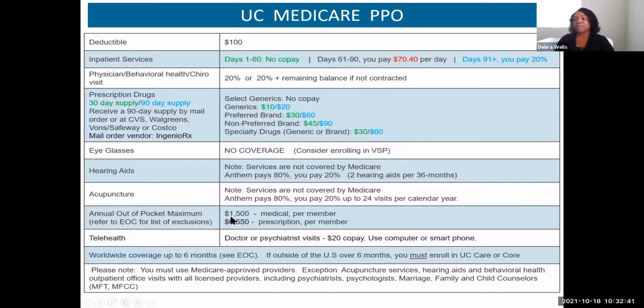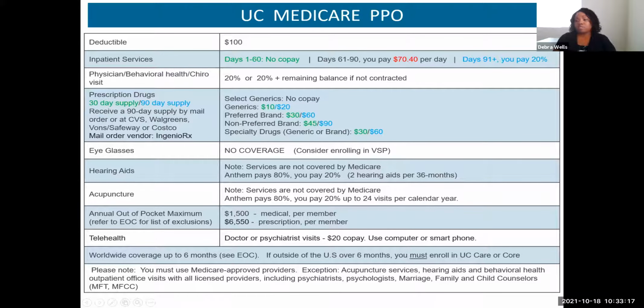So once you reach $1,500 out of pocket, your plan will then start paying at 100% for anything that's covered. Telehealth services, you still have that benefit. It's a $20 copay. This plan does offer worldwide coverage up to 6 months. But if you find that you're going to be vacationing or living abroad over 6 months, remember you have 2 non-Medicare PPO plans to select from, UC Care or Core.